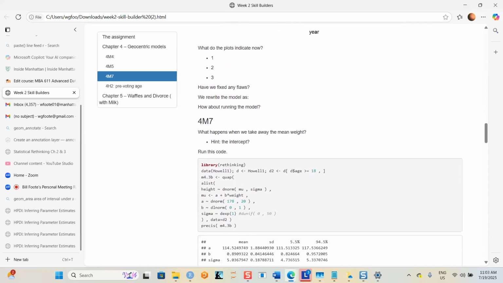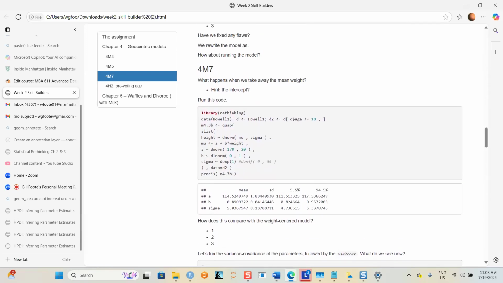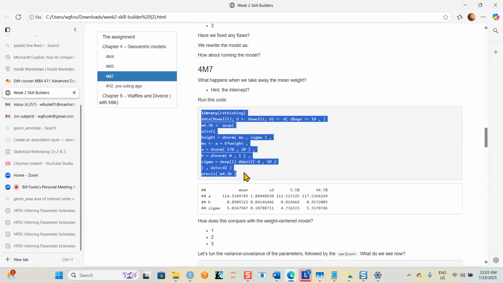And then we rewrite the model, and here we get a new model. So all of this was trying to get to the idea of using the log normal distribution. And this is another one to play with. So we just do this, and we're using rethinking, and we pop it in here.